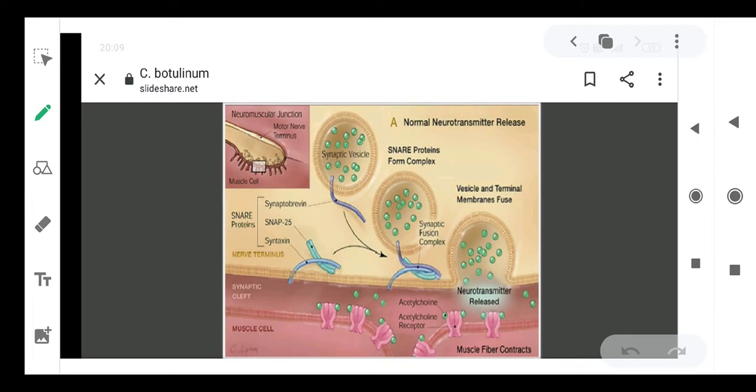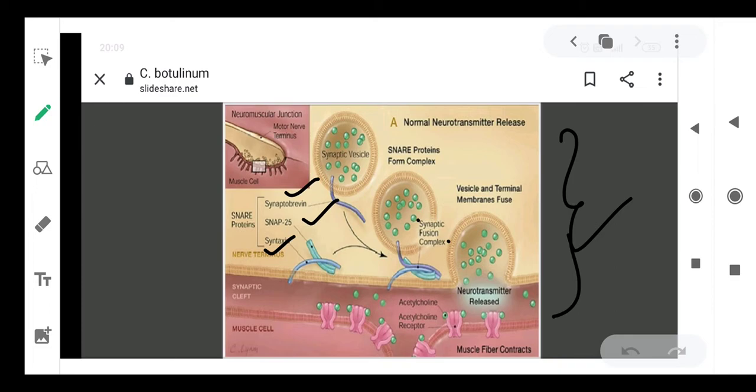On the membrane there are other proteins, syntaxin and SNAP25. The interaction between the snare protein and syntaxin and SNAP25 ultimately fuses and releases the neurotransmitter at the synapse, which brings about muscle contraction. This is the mechanism by which acetylcholine is transmitted through the neuron and brings about muscular contraction.